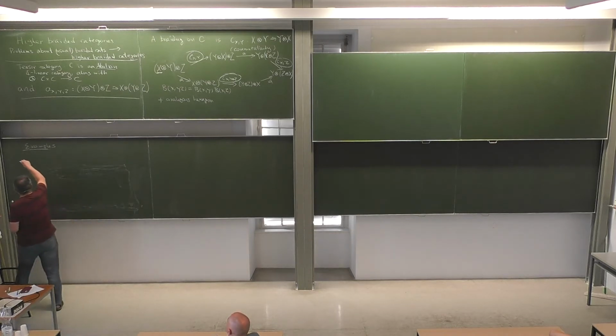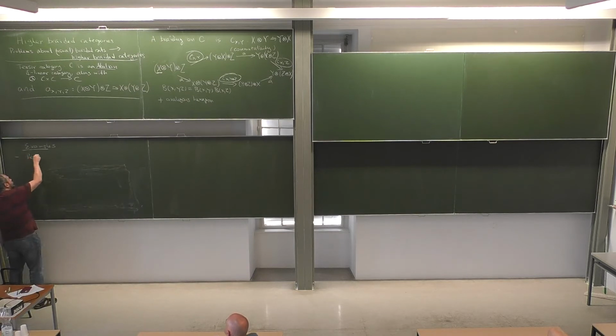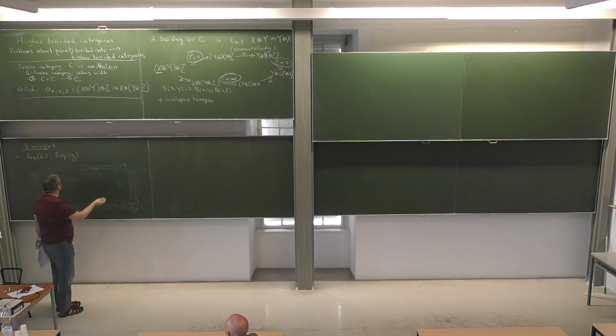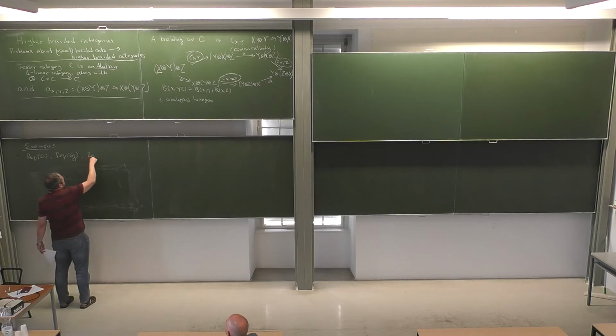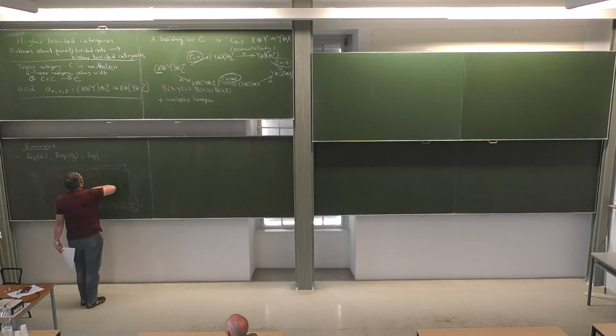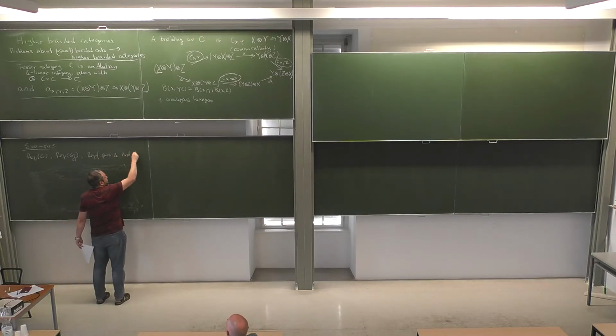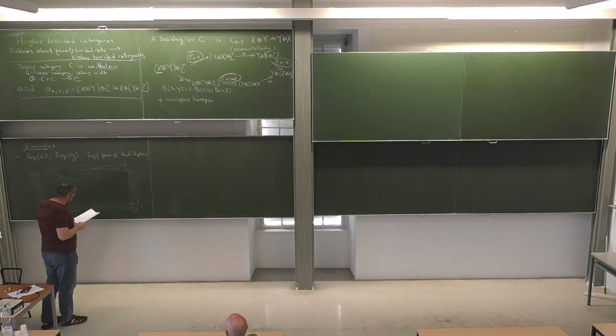The basic examples that you already mentioned would be representations of groups, representations of Lie algebras, and more generally representations of quasi-triangular Hopf algebras, of which, of course, quantum groups are a special case, right?